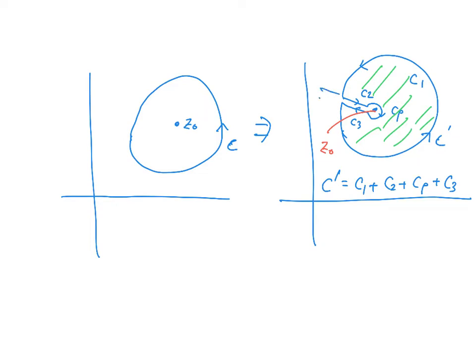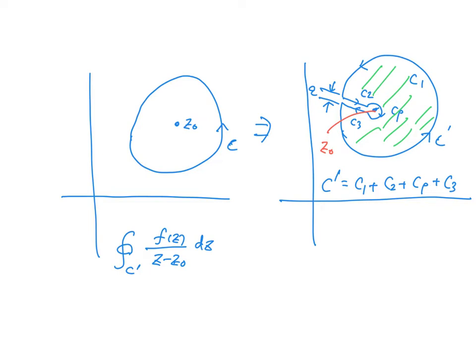Let's say this is epsilon, and we will do that later. So for the integral over C prime, z naught is outside of this whole contour.